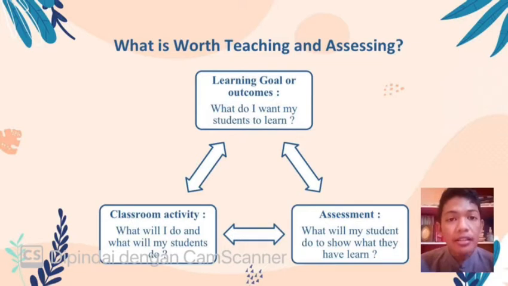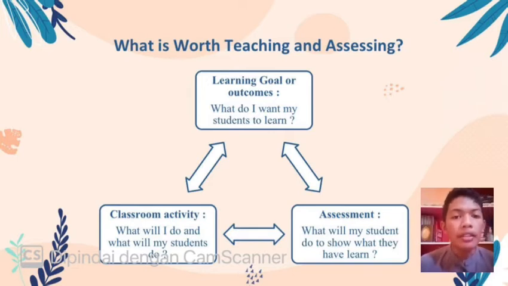In the triangle circle, in the middle of it, there are learners. So in the first step, the teacher has to know the learning goals or outcomes, where in this step the teacher has to think about what the teacher wants the students to learn, and then move to the second step.